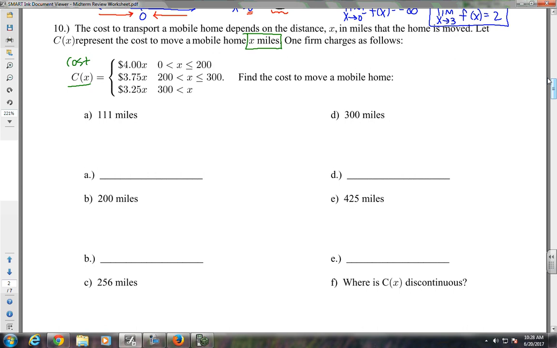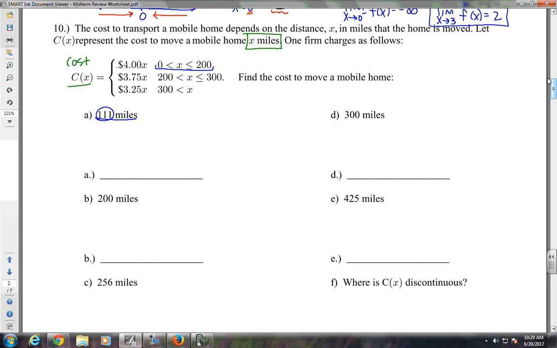So question A, find the cost to move a mobile home 111 miles. We're not going to plug x equals 111 into all three of those lines, just the one where 111 fits in the restriction. Notice 111 is between 0 and 200.